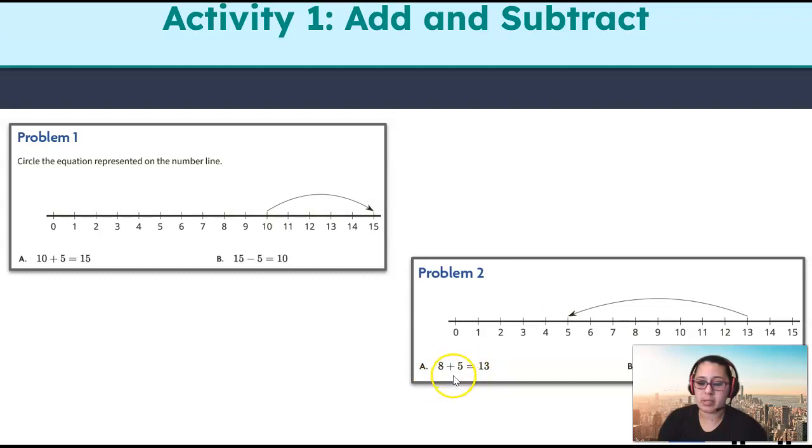We're adding. B is 13 minus 5 equals 8. We're subtracting, right? Okay, so talk with your partner, work on your whiteboards, and then raise your hand or show me that you're ready with your answer, okay? Remember how to show me? With your thumbs up to your chest.